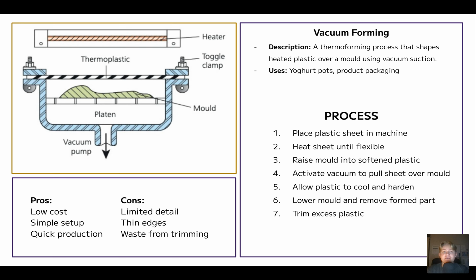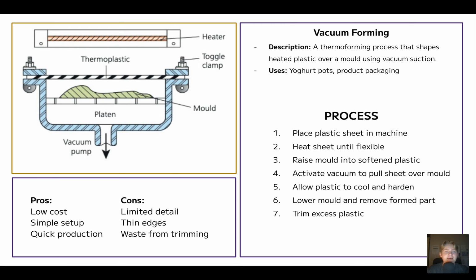They can be created with a CNC router, or even with a 3D printer, if you had a 3D printer that could print a higher temperature thermoplastic than what you're using in the vacuum former. It's also a very quick process. The only time constraint really is the material being heated. The actual vacuuming happens very quickly, and the material also cools very quickly.